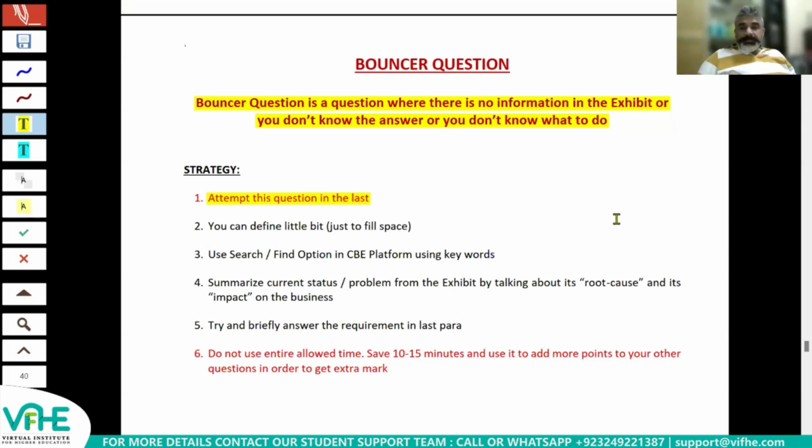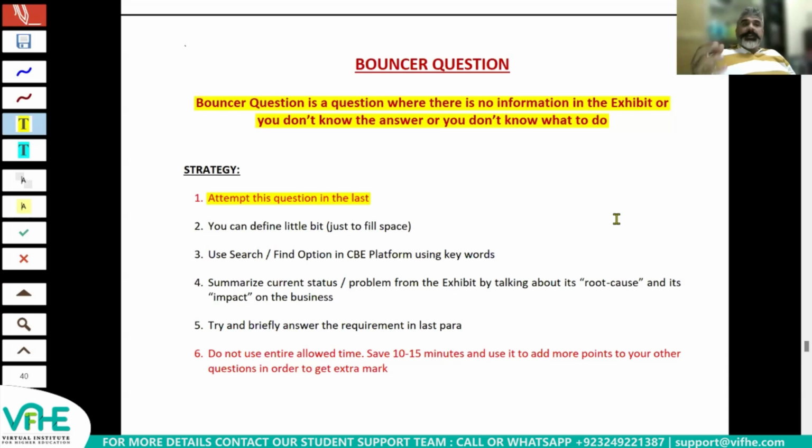Now, all this requires smartness and cunningness. If you go with a student mindset, you will be screwed. You will panic and go into an anxiety attack. But if you go into the exam hall with a CFO mindset, that I will do it, I'm the CFO, then you will be able to apply these things.